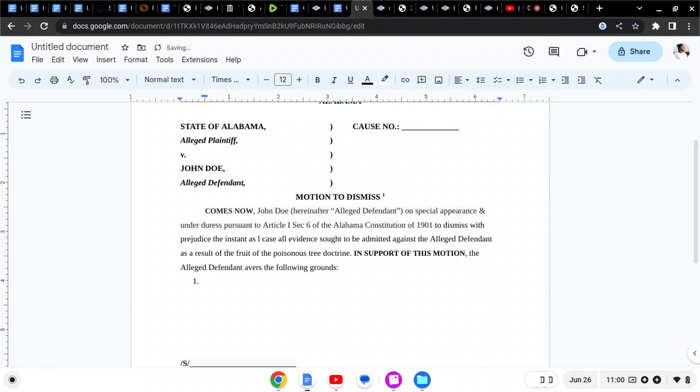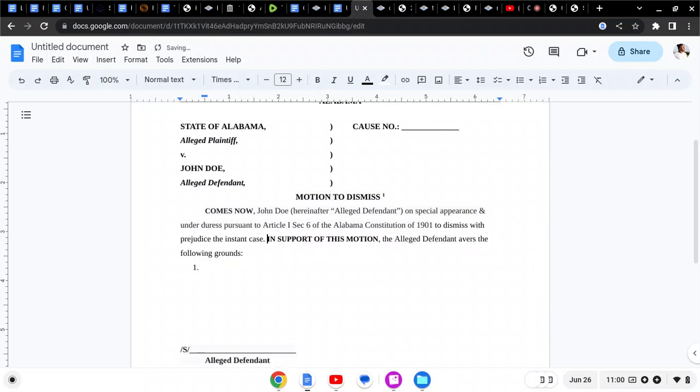We'll say to dismiss the instant case. You can do it like that. You don't even have to do this. You can just go right up here and delete all of this. In support of this motion, the alleged defendant avers the following grounds.